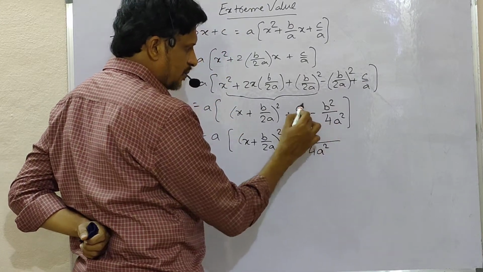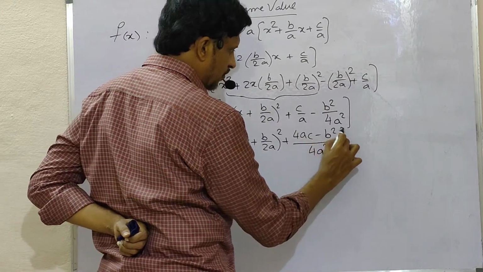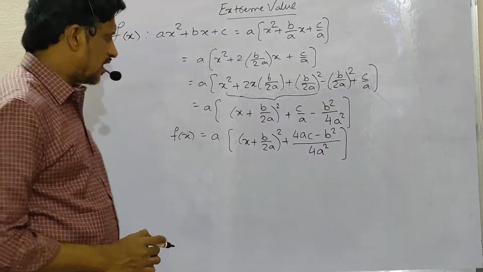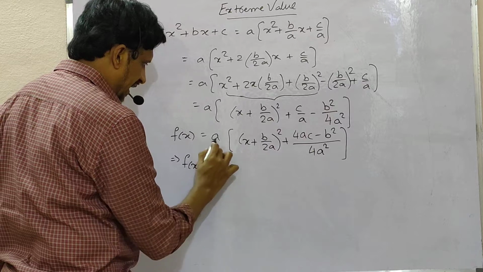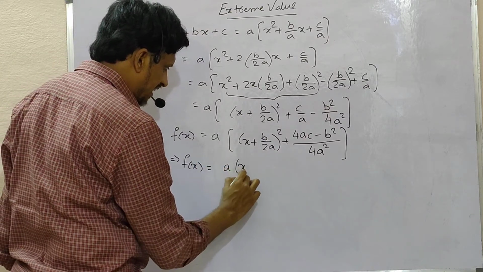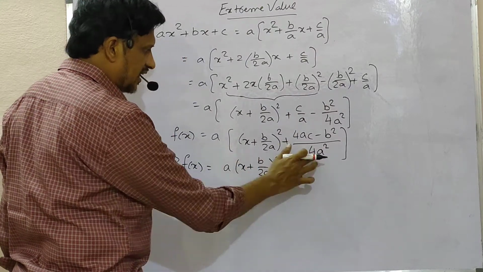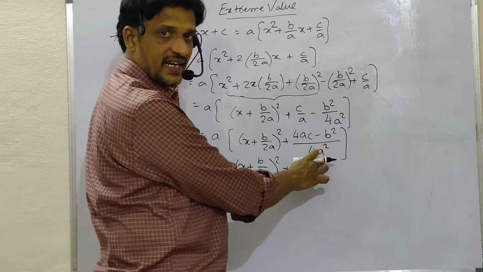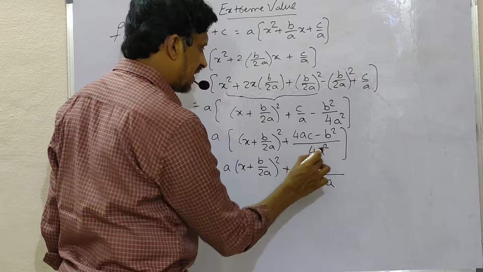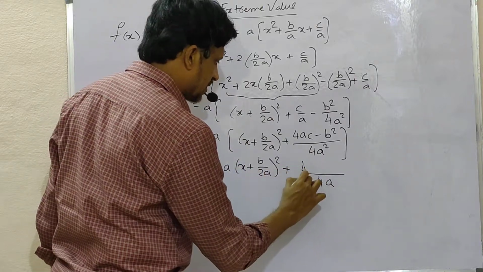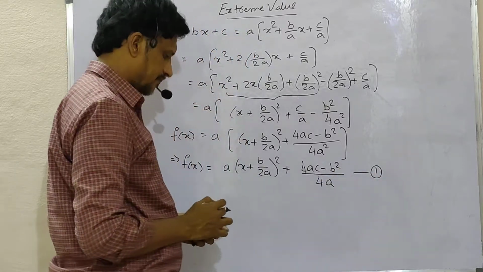Since a is the denominator, multiply with 4a. So 4ac minus b square by 4a square you will get. Now multiply with this a. a into the first part, that is a into x plus b by 2a whole square, plus a into the second part, which is 4ac minus b square by 4a square. Here a and a get cancelled, and you will get 4a only. The a square can be eliminated with this multiple a. So 4ac minus b square by 4a, that is equation number 1.